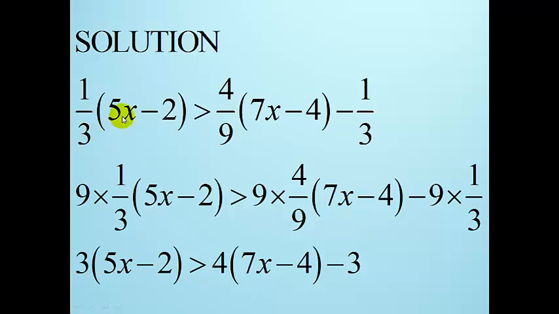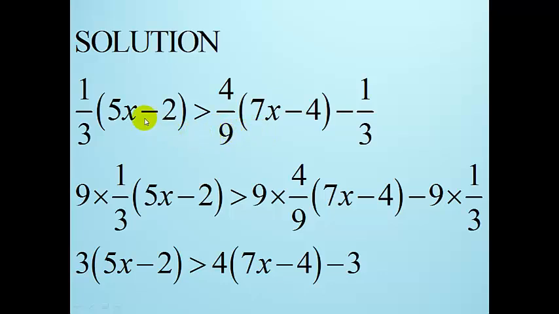Given 1/3(5x - 2) > 4/9(7x - 4) - 1/3, what we have to do is to multiply through by the LCM, and the LCM of 3 and 9 is 9.